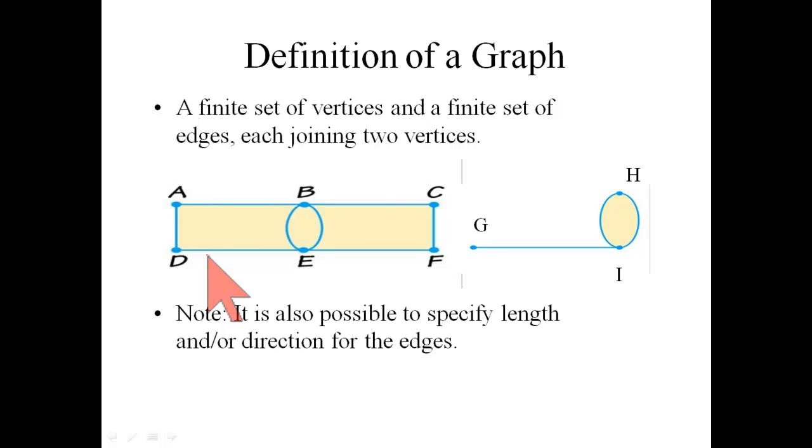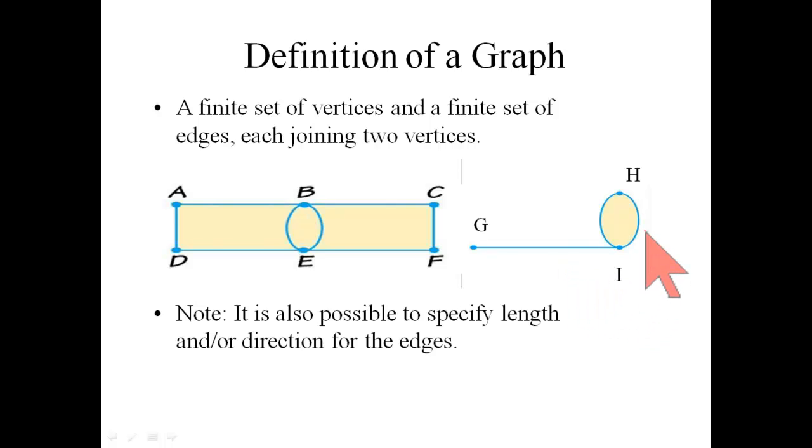So we are talking about graphs here. A graph is a finite set of vertices. They're labeled A, B, C, D, E, F here, and then G, H, I could also be part of it. And a finite set of edges. An edge has to join two vertices. In more complicated problems, we could actually also assign lengths to these edges.